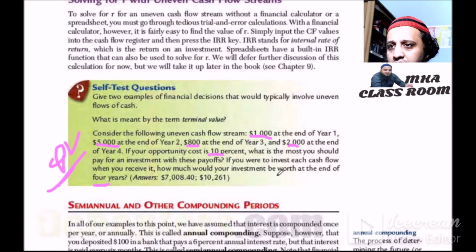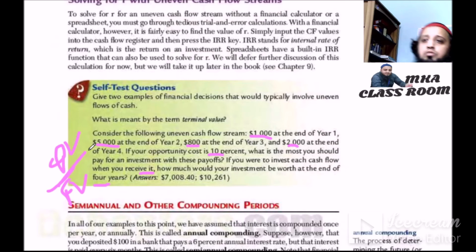If you invest whenever you receive it, and then invest it again, what will happen at the end of 4 years? So that is the future value. So in this problem we have two types of problem. One is a present value problem, another is a future value problem.